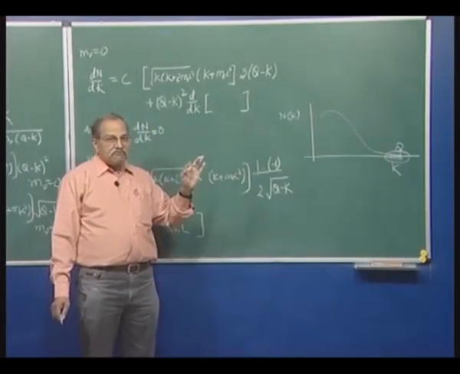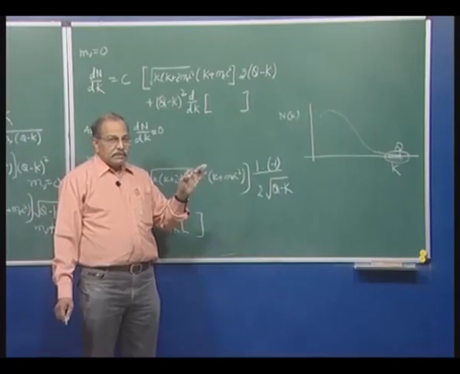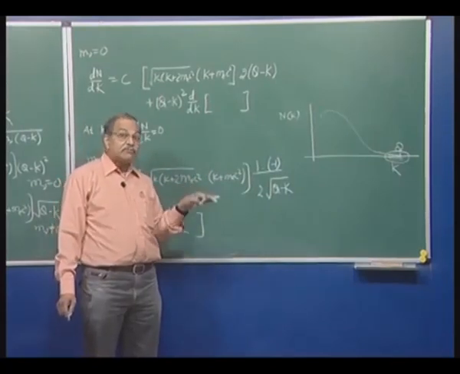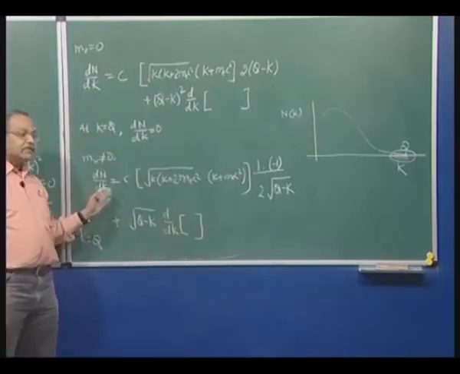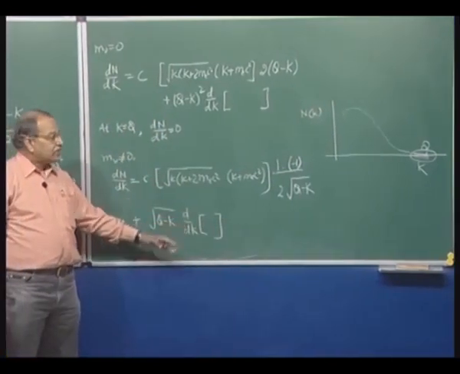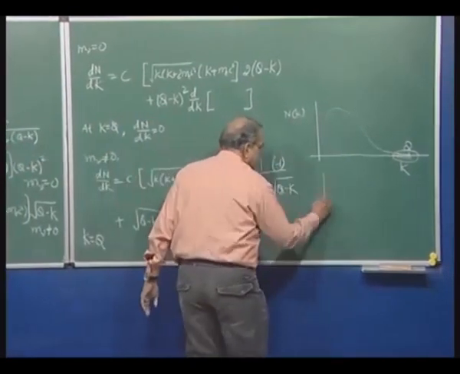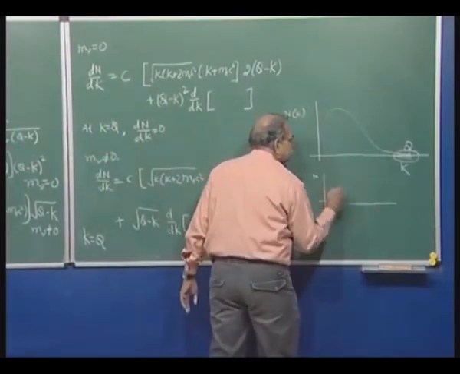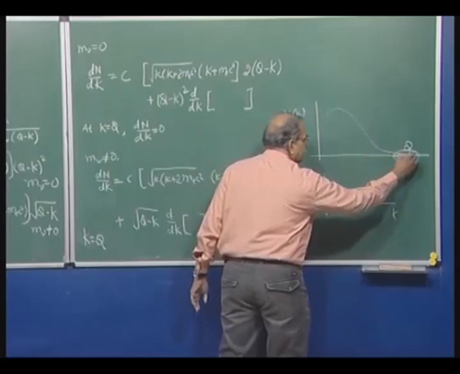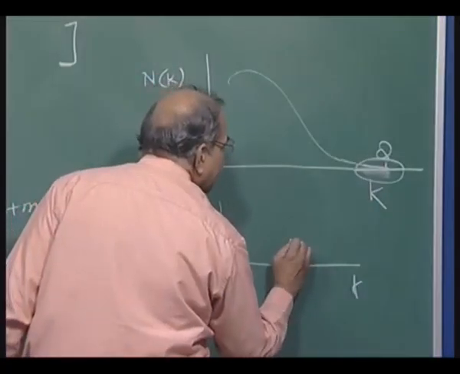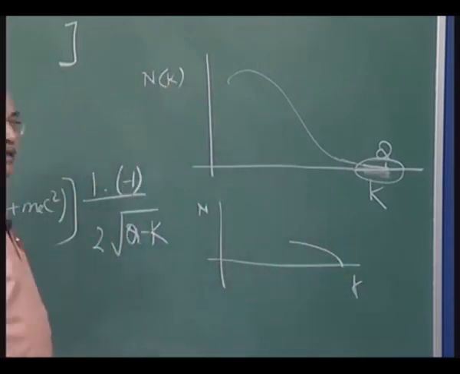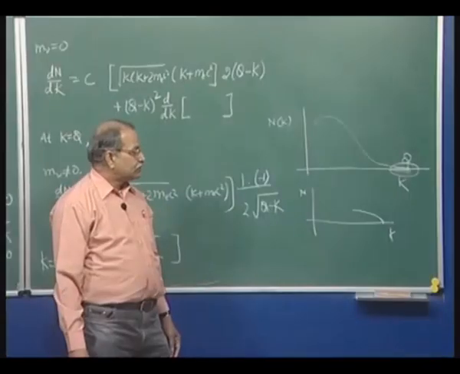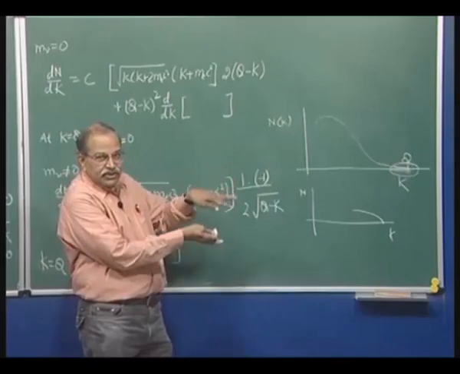So, if m_nu is not 0, however small, you will have dN/dK infinite. That would mean that if I look at this n(K) curve, the tail portion should meet the K axis perpendicularly. So, quite a drastic change here.